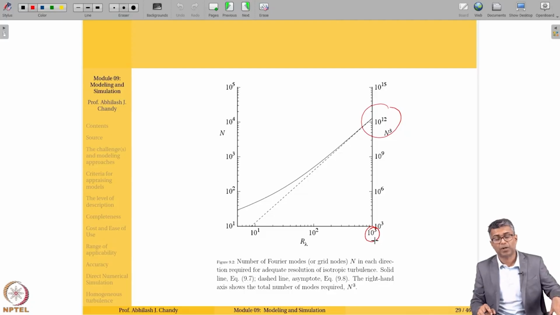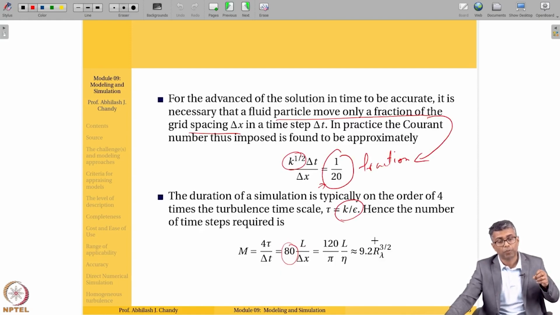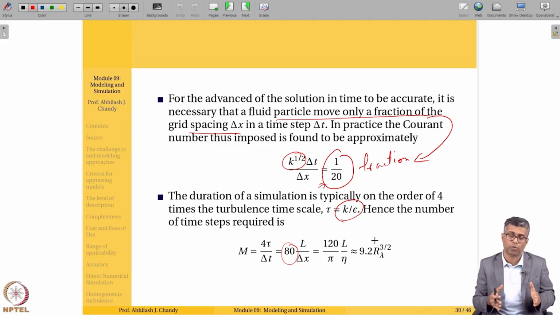Now, just calculating the Fourier modes was not enough, so we had to come up with an estimate for the time steps as well, because temporal accuracy is also important, right? So we came up with an estimate for the total number of time steps that you will need to run, based on the idea that you will have to run for probably 4 times the turbulent time scale. That gave us an estimate of 120 over pi L over lambda, or 9.2 times R lambda to the 3/2.